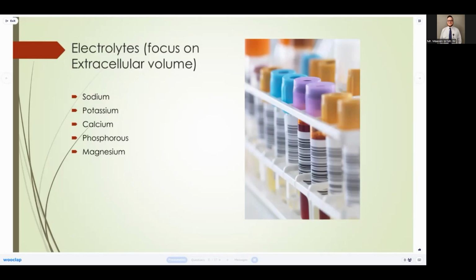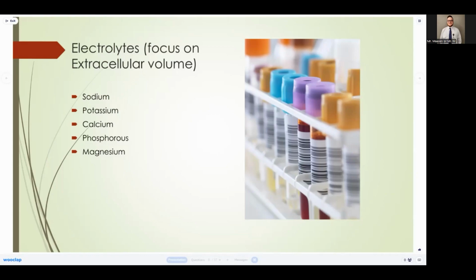Some of the main ones to think about are sodium, potassium, calcium, and magnesium. Phosphorus as a sidebar, because calcium and phosphorus have an inverse relationship, and sodium and potassium tend to have an inverse relationship. But mainly focus on sodium, potassium, calcium, and magnesium.